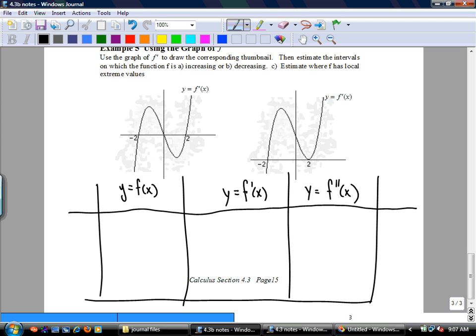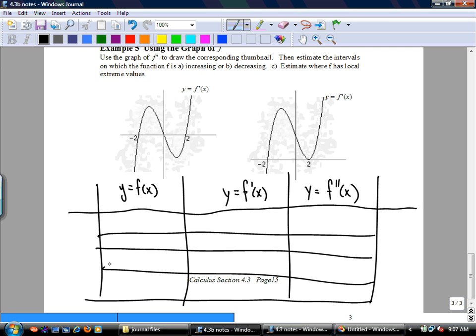Tell me all the properties that the graph of y equals f of x has. They have x and y intercepts. They have maximums and minimums.